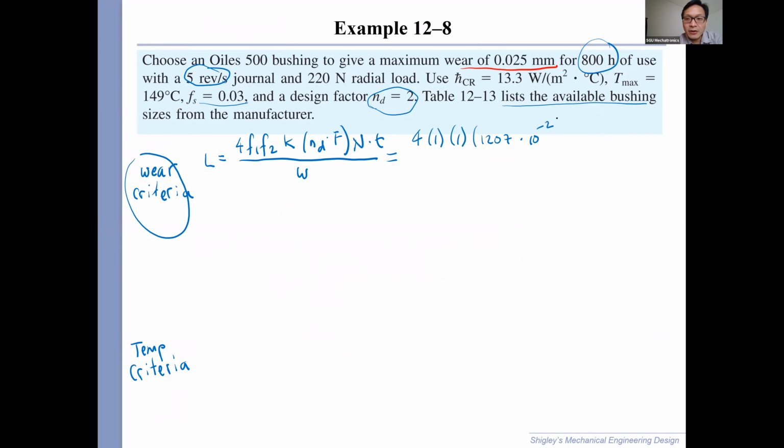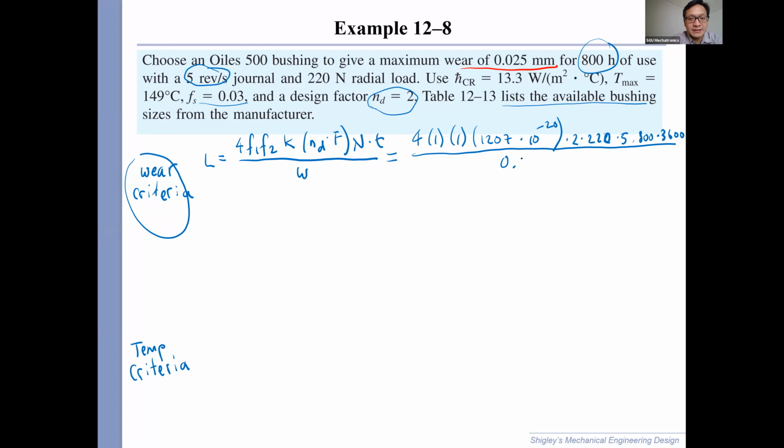Still same material here, Euler's 500. So K is 1207 times 10 to the negative 20. Design factor is 2. Load is 220. 5 revolutions per second. 800 hours in seconds, multiplied by 3,600.